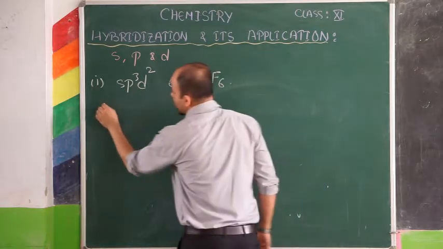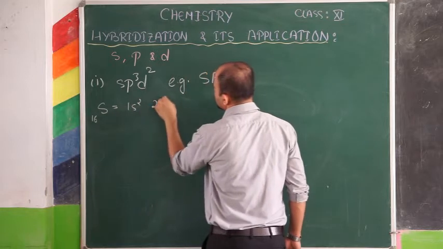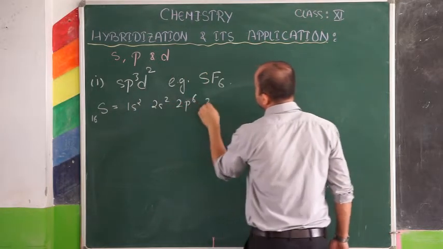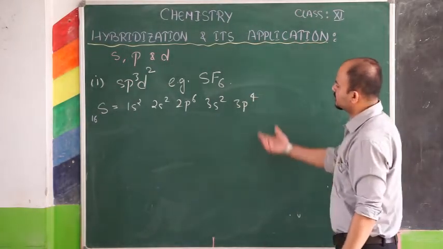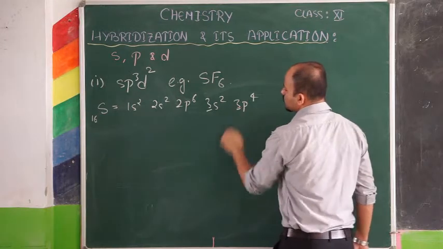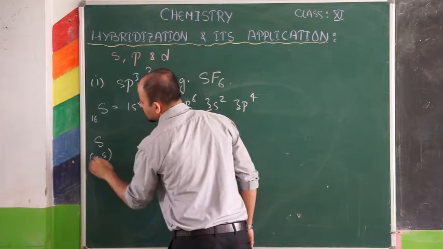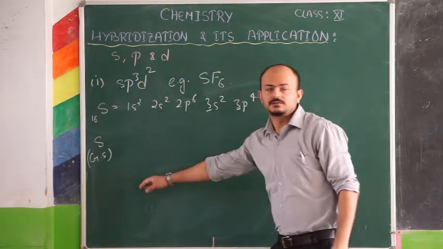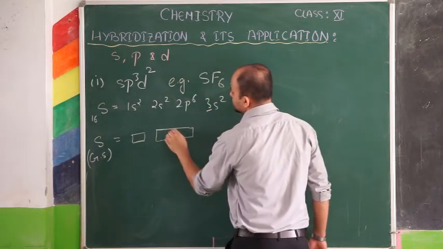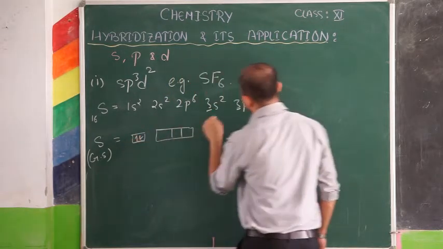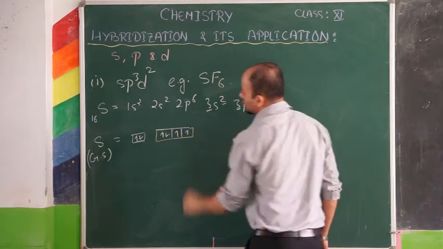Sulfur's atomic number is 16, and its electronic configuration is 1s2, 2s2, 2p6, 3s2, 3p4. Now these are the outermost orbitals. Sulfur in the ground state will have these 2 electrons and these 4 electrons, 1, 2, 3 and 4.